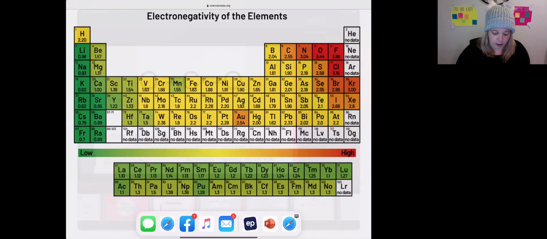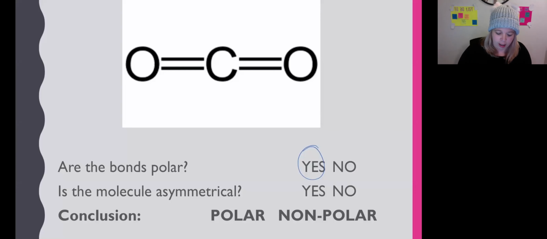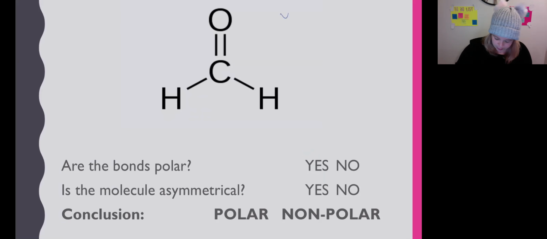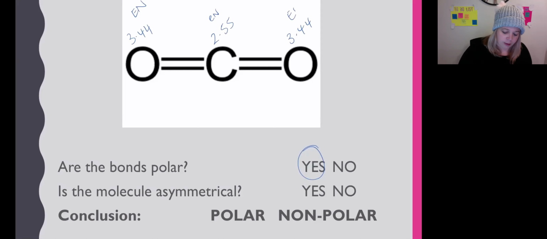So heading back to our diagram, we have 2.55 electronegativity and this one is 3.44. Because there's a difference, we say yes, the bonds are polar.